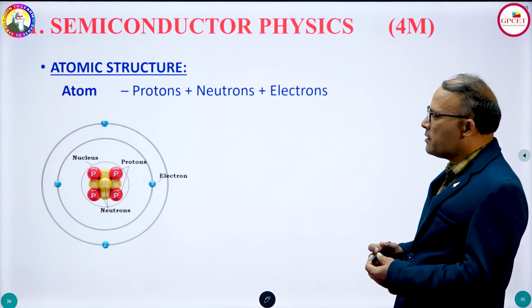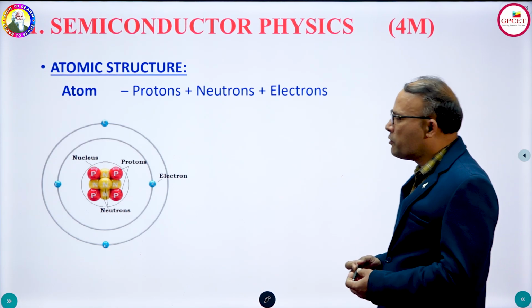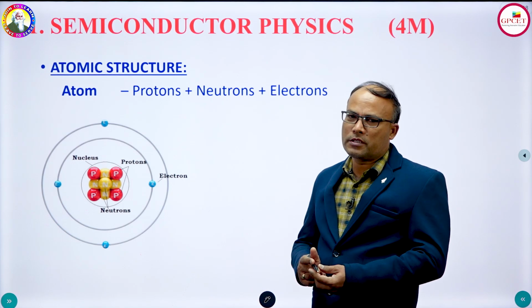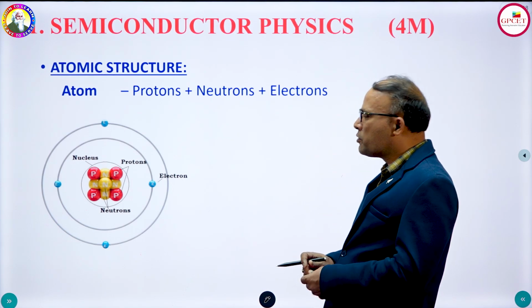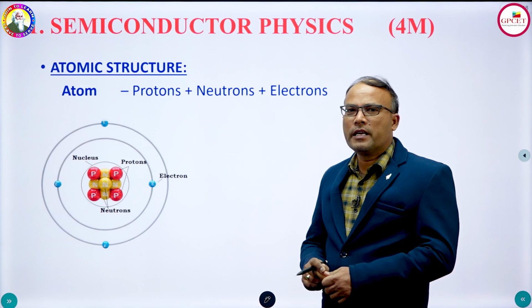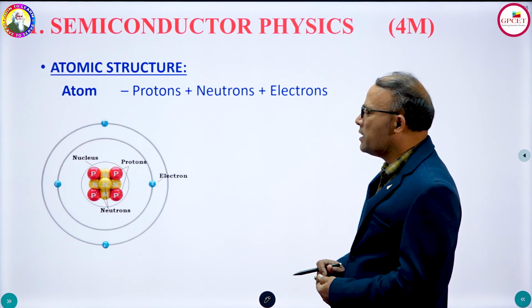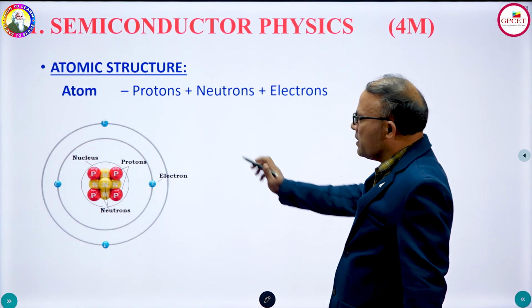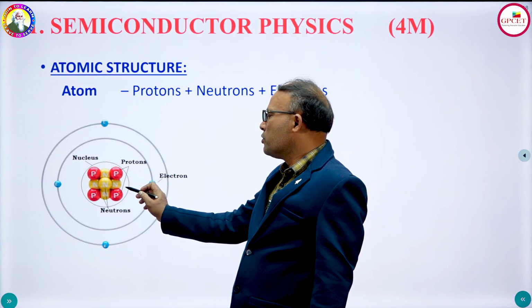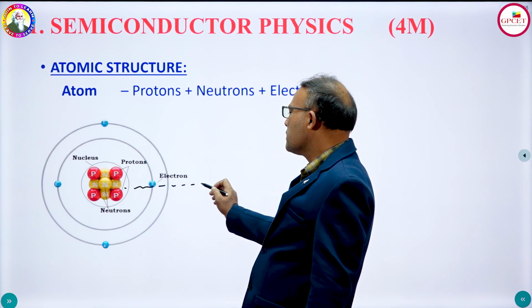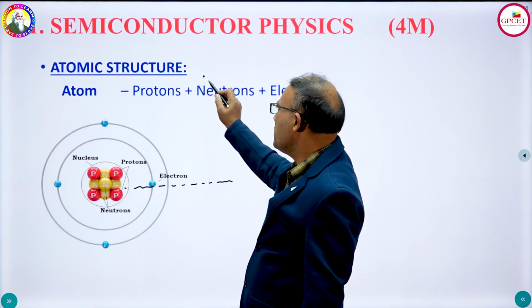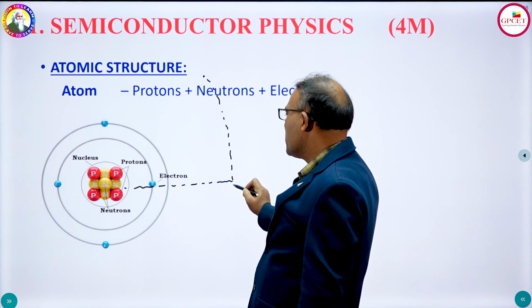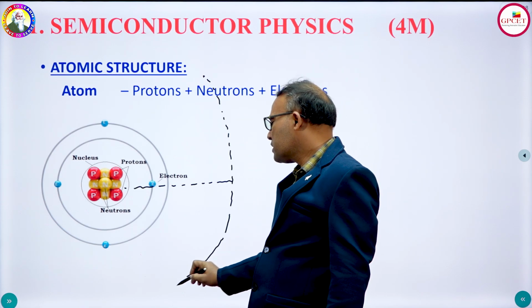As you see here, the atomic structure is a combination of nucleus, electrons and protons. Protons plus neutrons make up the nucleus, and electrons are revolving around the nucleus in different orbits. As you move farther away from the nucleus, you have the last valency orbit, where the valency electrons are revolving around the nucleus.